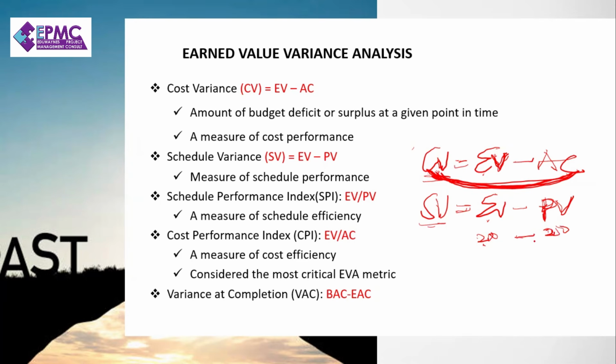What does that mean? You are not doing more of the things you are supposed to do. So the jobs that you are supposed to perform at that measurement date, some of them have not been done. That's how come your EV is lower than the planned value. You are earning less than what you planned. You are completing less than what you planned to do.